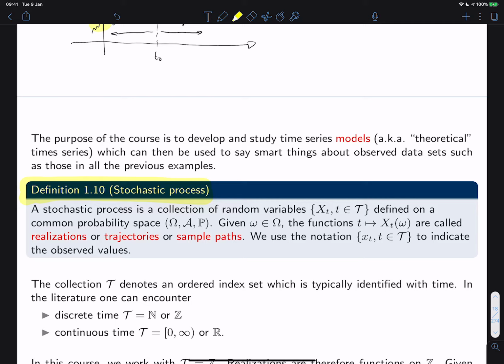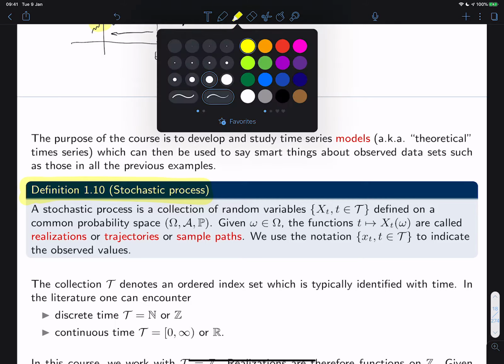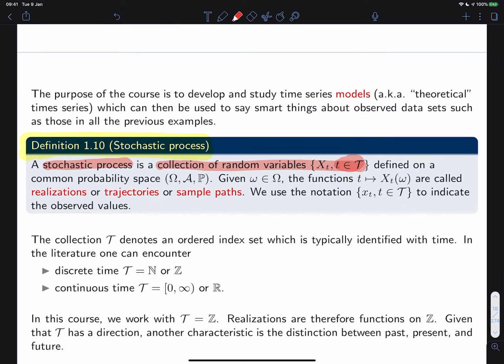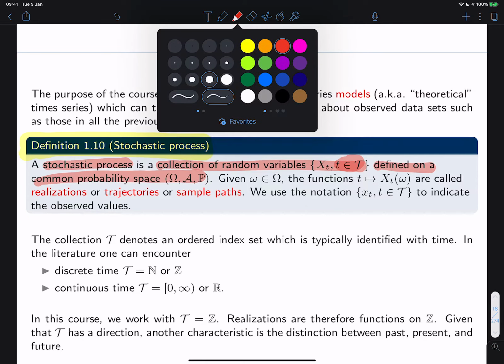A stochastic process is nothing else than a collection of random variables indexed in time, indexed in some set t, which we associate to time. It's a collection of random variables which, moreover, are all defined on a common probability space (Omega, A, P).